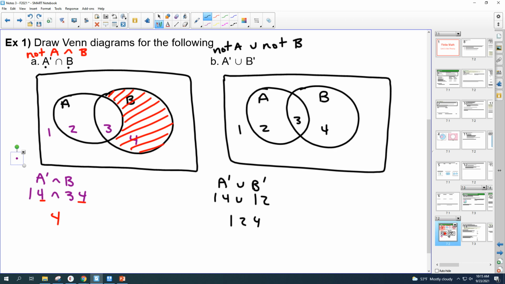We would end up coloring inside all 3 of those regions, 1, 2, and 4. The only region we don't color in is region 3. So try to make it neat, try to make it nice. You're coloring in all 3 regions, 1, 2, and 4. I think that one's a lot harder to visualize. Questions before we move on?